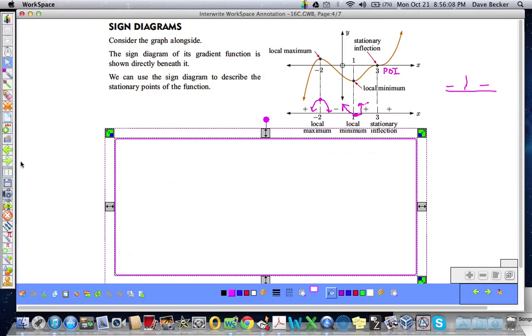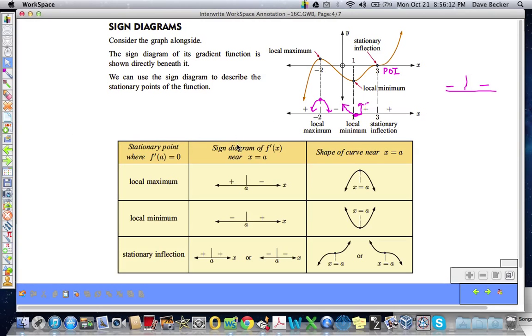Okay, so that's summarized nicely in this little table here. If I'm going on my sign diagram from a positive to a negative, in other words, the function is increasing to decreasing, clearly I'm going to have a local maximum at that point. If I go from decreasing to increasing, clearly I'm going to have a local minimum at that point.